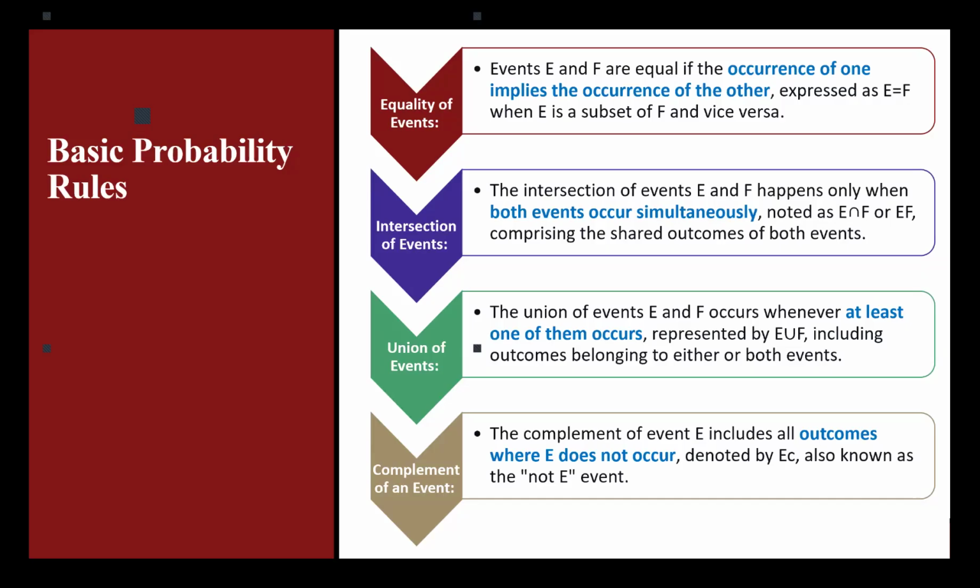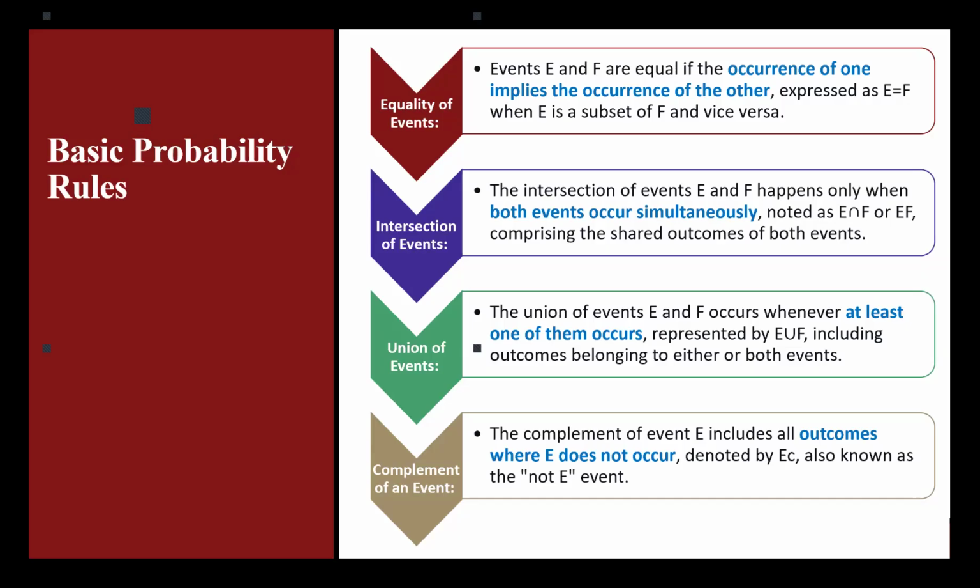So if both of the events happen at the same time, the result would be the intersection of the two events. From the element perspective, the intersection of E and F is all the elements that the two sets share with each other. The overlap of the two events would be the intersection. We called it multiplication before. Now the actual term is intersection.